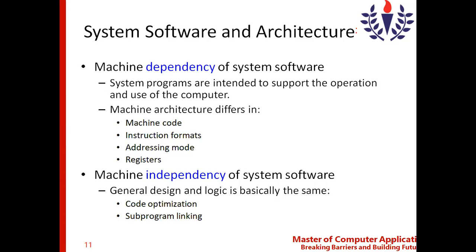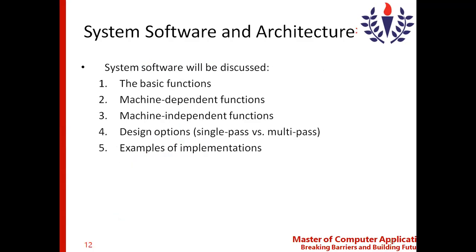So if you look at the machine code, instruction format, addressing mode, registers, these will change according to the machine. Whereas subprogramming, linking, code optimization, the program design and logic won't depend on the machine. So the independent parts of the system software are code optimization, subprogramming, linking, design and logic. It's basically the same irrespective of the machine architecture.